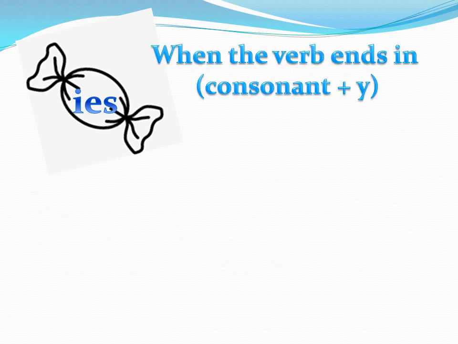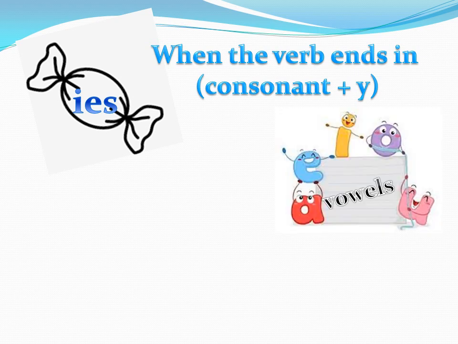We use it when the verb ends in consonant plus Y. Miss, what's a consonant? The letters in English are either consonants or vowels. The vowels are A, E, I, O, U. Those are the vowels. Any other letter, B, C, D, F, G, H, are called consonants.